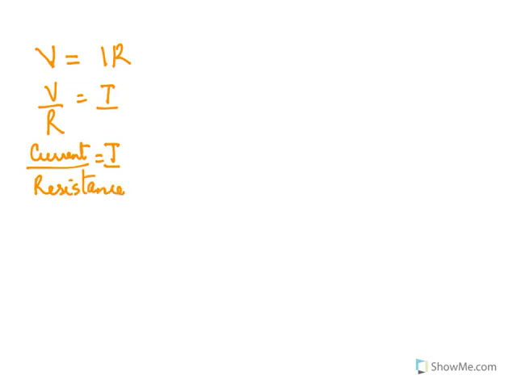So here the current I depends on two factors. One is the voltage, and the other factor on which it depends is the resistance.